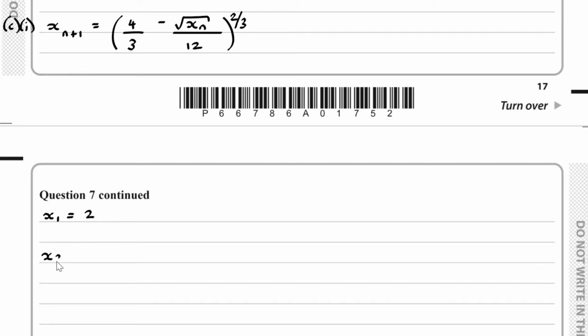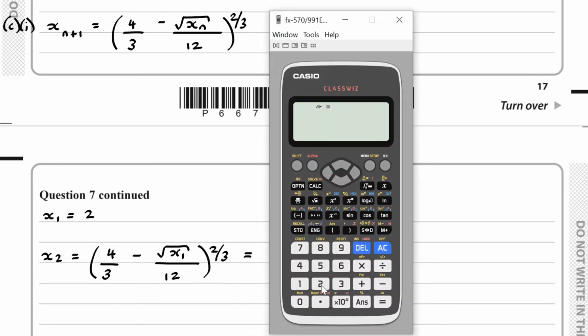So x2 is equal to 4/3 minus the square root of x1 over 12, to the power of 2/3. So if we work this result out, we type into our calculator 2 and press equals, so our answer function is storing 2.